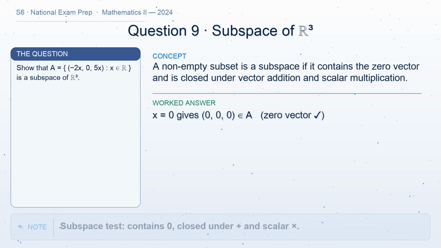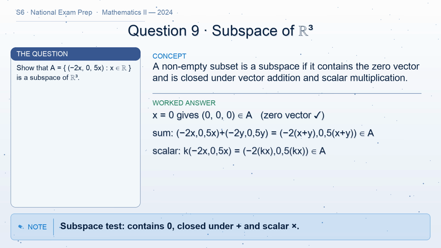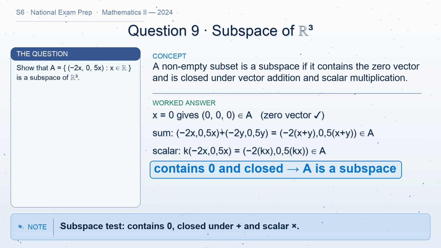Taking x equals 0 gives the triple 0, 0, 0, so the zero vector is in A. Adding two members with parameters x and y gives (minus 2 times x plus y, 0, 5 times x plus y), again of the same form, so it stays in A. Multiplying a member by a scalar k gives (minus 2 times kx, 0, 5 times kx), also of the same form. All three conditions hold, so A is a subspace. Geometrically, it's a straight line through the origin.